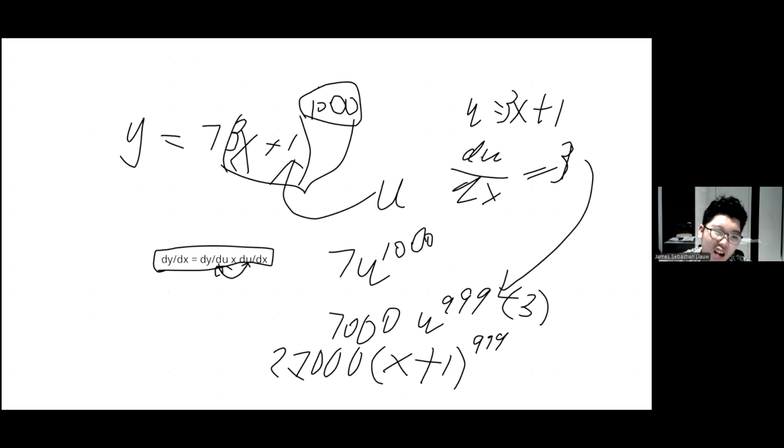Okay, so how do you find an algorithm for doing chain rule without having to do the very long formal way of substituting it and whatnot? Let's go back to our 7 times 3x plus 1 to the power 1000.